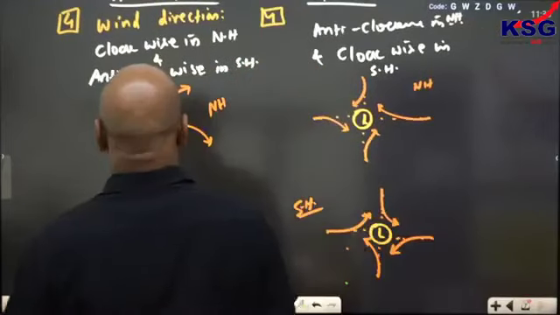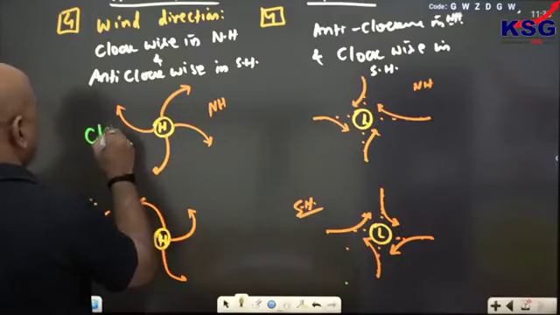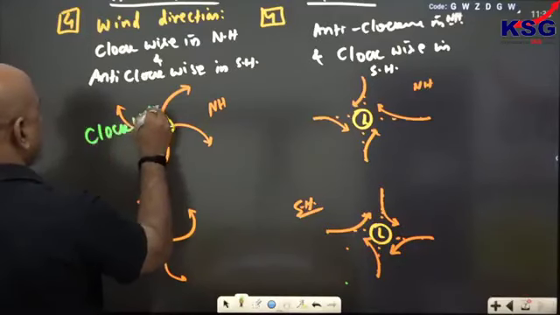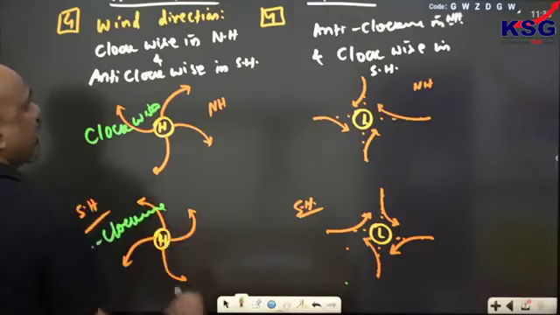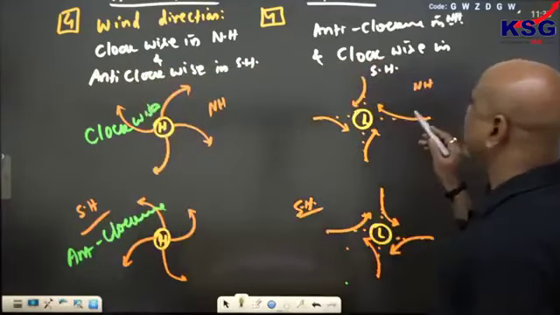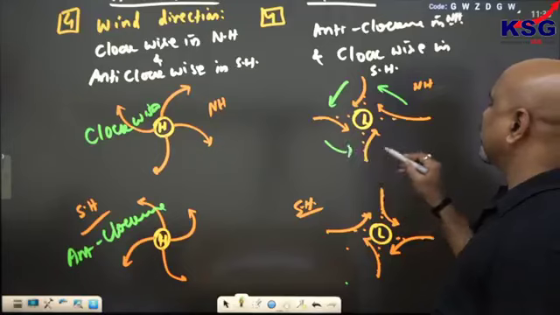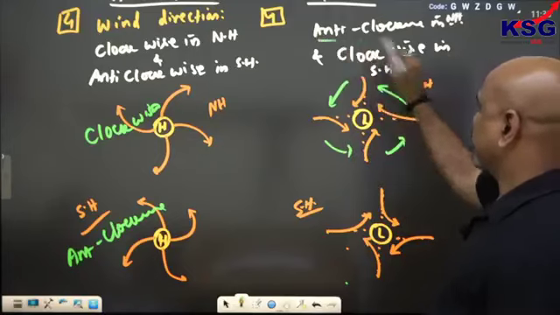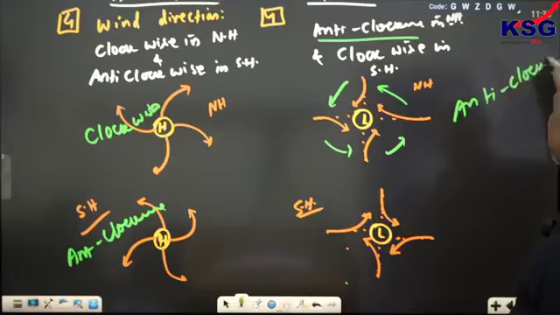देखो आप यहाँ पे wind direction clockwise in north. ये clockwise हुआ ना, ये clockwise हुआ northern hemisphere. Southern hemisphere में anti-clockwise. And here देखो overall if you'll see ये इधर जा रही है, ऐसे देख रहे हैं आप. It is going like this. Mean it is anti-clockwise in northern hemisphere.